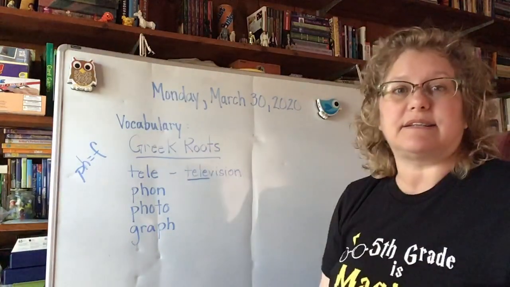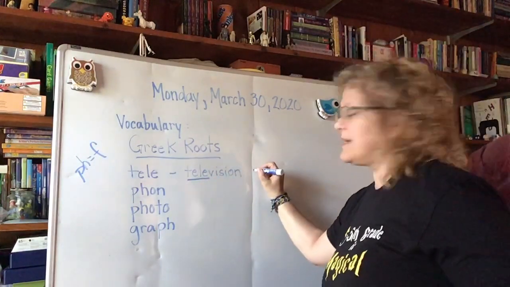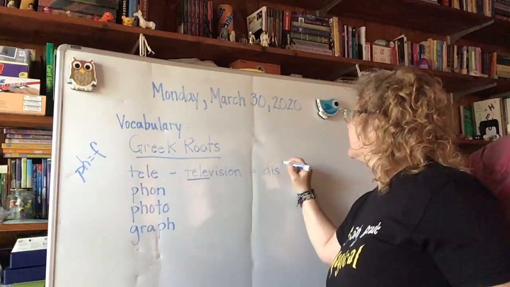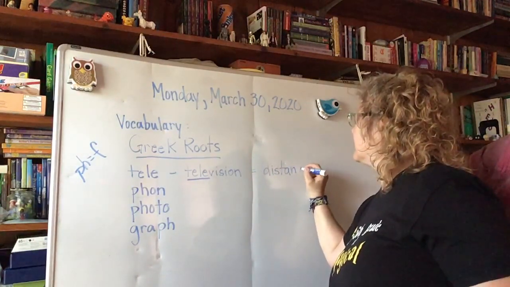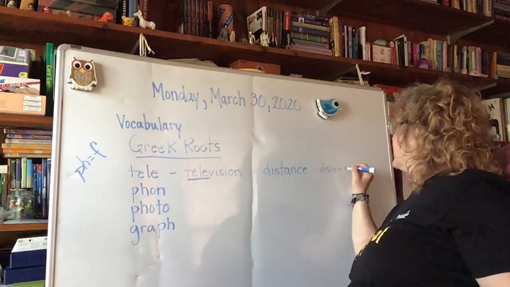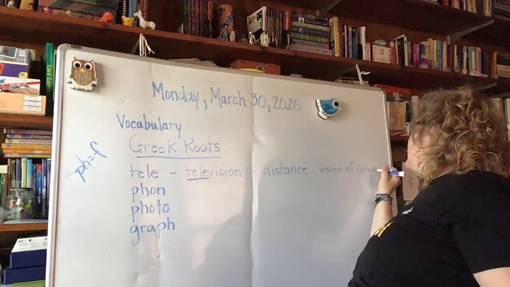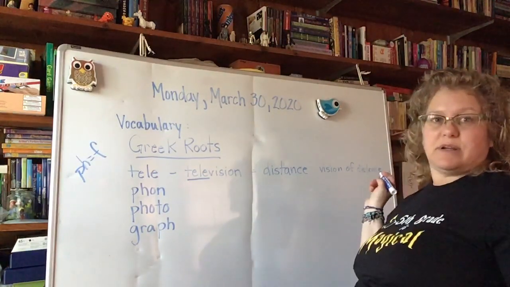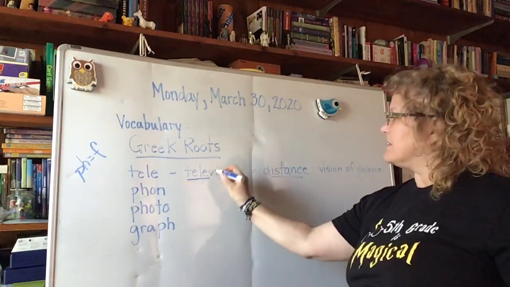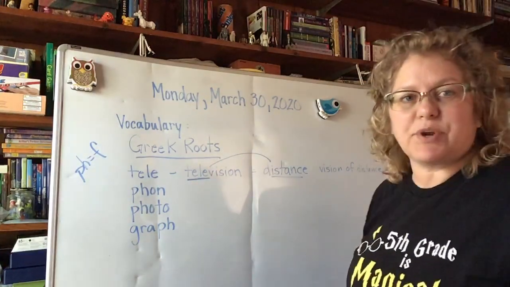You're seeing it in the distance. So tele means in the distance. And I'll write that here. Let's see if it goes on my board. Okay. So vision of distance. I'm sure that is off my board. I'll block it in a moment. But tele means distance. All right, that's what you're going to need to know.